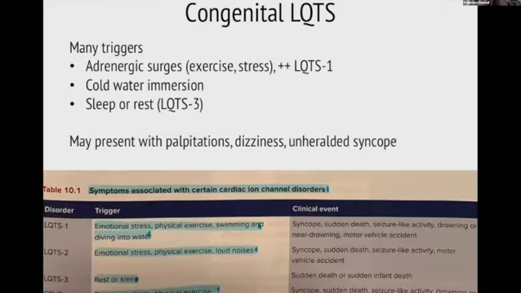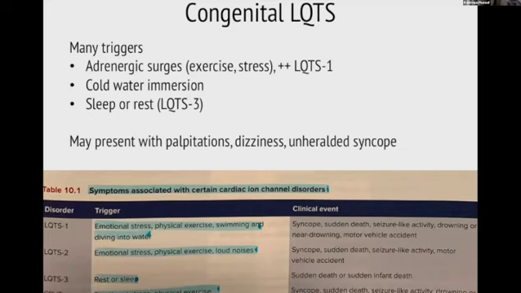Usually adrenergic surges provoke ventricular arrhythmias, particularly in patients with the LQTS1 genotype. Cold water immersion may also trigger it because of the co-activation between the sympathetic and the parasympathetic systems, and the stimulus may occur at a time when the QT does not match the underlying heart rate, which increases the risk of arrhythmia.